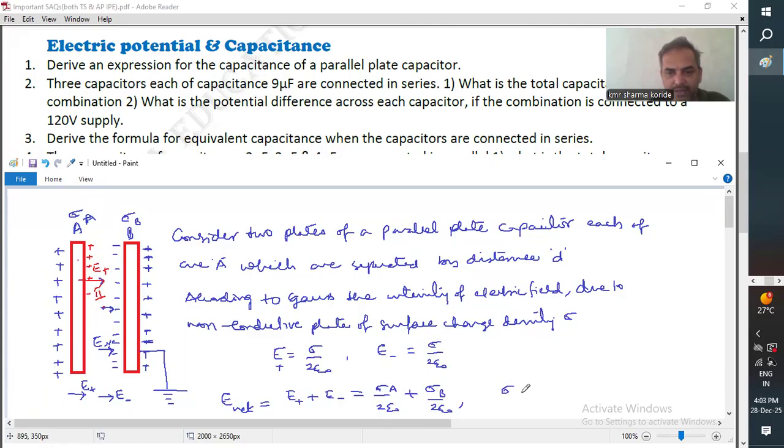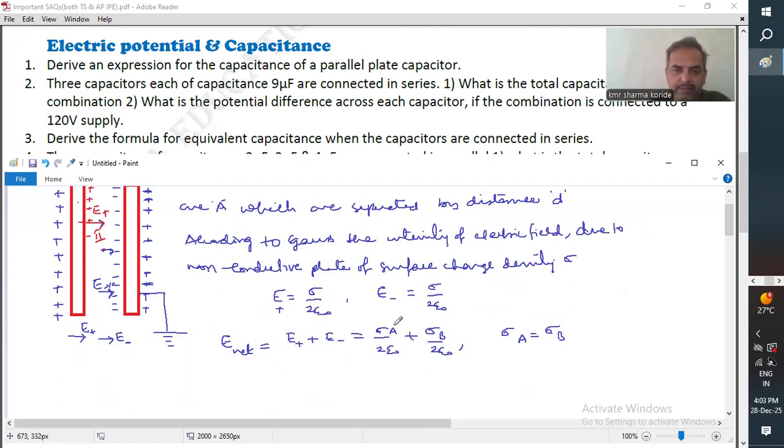In case the surface charge densities are the same, we can continue: E net is sigma by 2 epsilon naught plus sigma by 2 epsilon naught. Completing the calculation, you get sigma by epsilon naught.